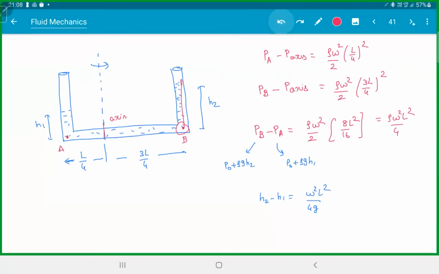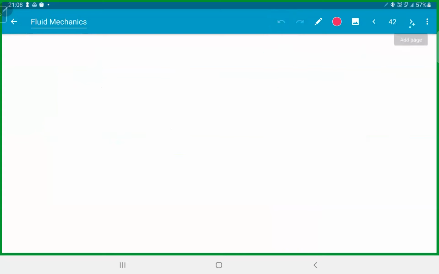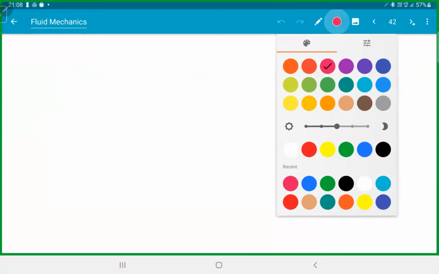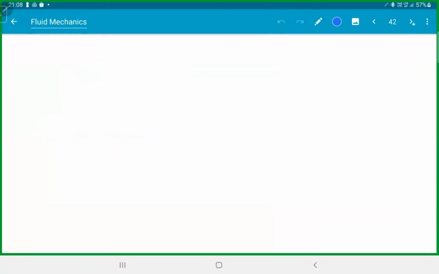All clear with this? Next one. This is an important result. Next one. This is an important concept. This we will see in at least 5 to 6 chapters. We'll encounter this projected area.